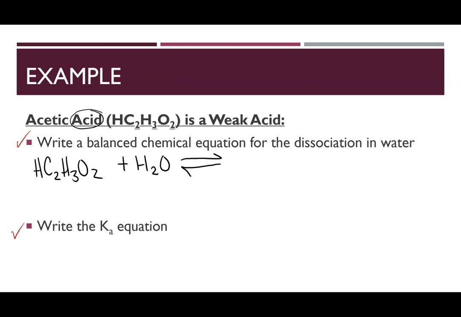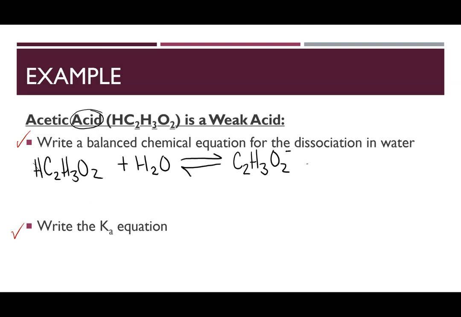So an acid does what? Proton donor or proton acceptor? Yep, acid is a proton donor. So it's going to donate this proton that's in the front of the formula. If acetic acid is a proton donor, it's going to give that one away, and it'll be left as C2H3O2. And if it gives away a proton, it's going to be left with a negative charge.